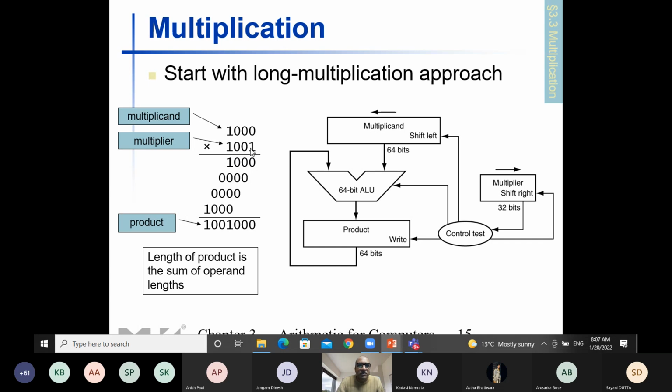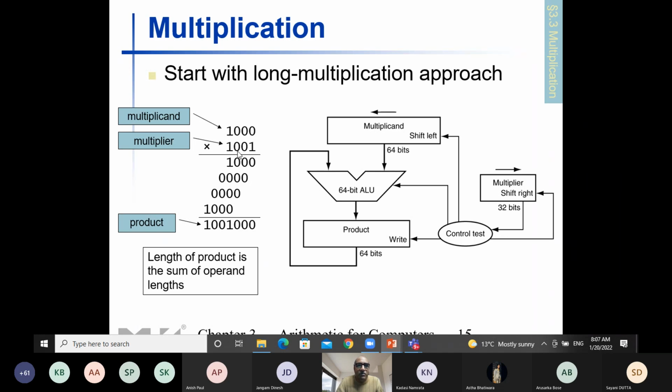Therefore when you do the multiplication with each digit of the multiplier, the leftmost digit is a 1, so the multiplicand multiplied with this 1 gives you 1000. Afterwards the next digit is 0, so you multiply with that and you get zeros, but this second intermediate result is shifted towards the left by one place.